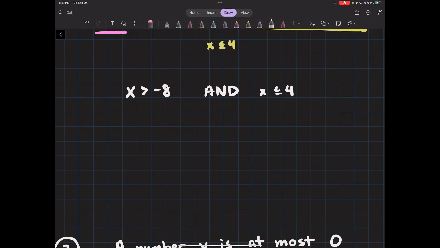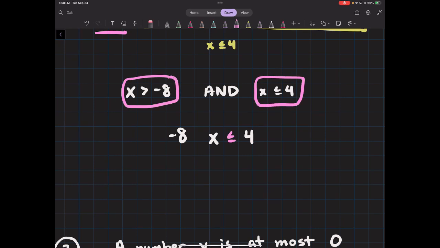Any ideas? You put the x in the middle, and then you put what on the left side? -8. And then 4. But you see this one right here? You gotta keep that there. But then over here, is there another way to write it?